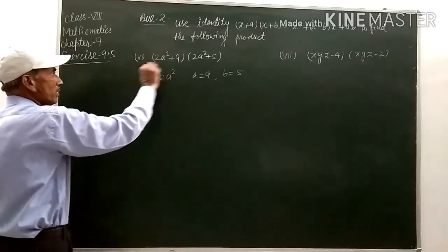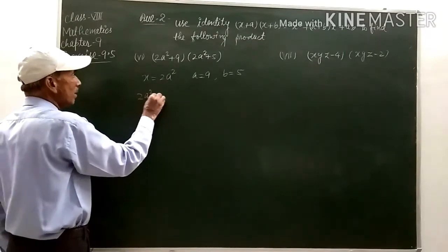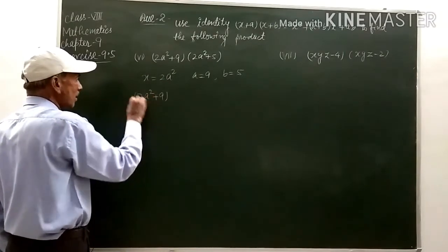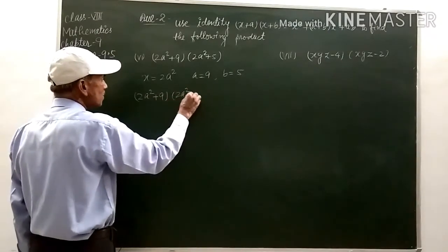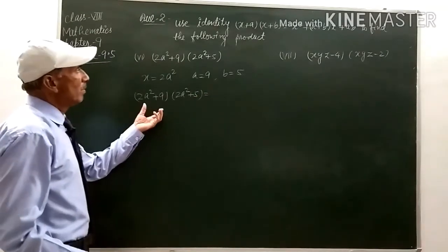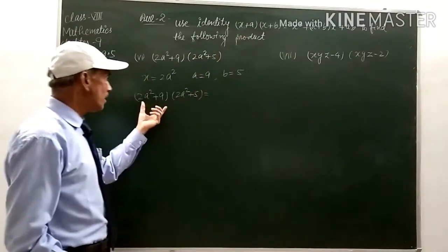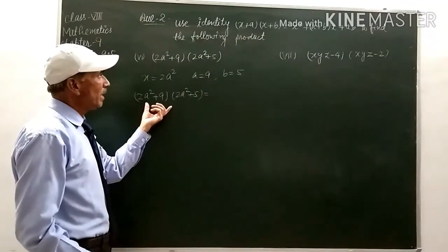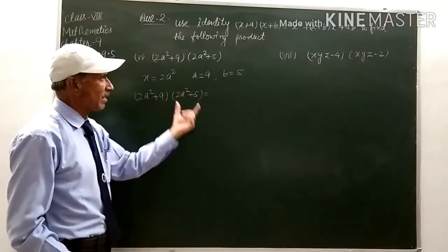Now, expansion of this one, (2a² + 9)(2a² + 5) is equal to, students, I am not going to write the identity here, but this one will be according to the identity. We will expand it according to the identity.